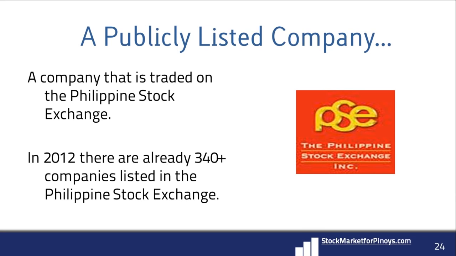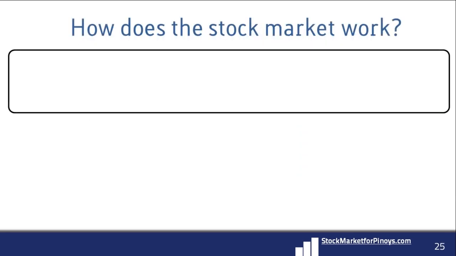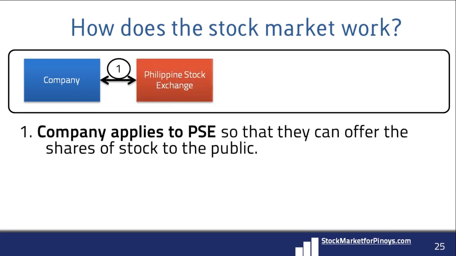Now, if they look for investors, they will just have to share the future profits in their business. Now, if they would want to look for investors publicly, they would have to go through the PSE. They apply to the PSE so that they would be able to sell their shares to public individuals like you and me.